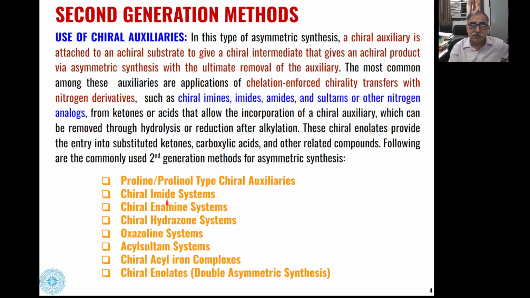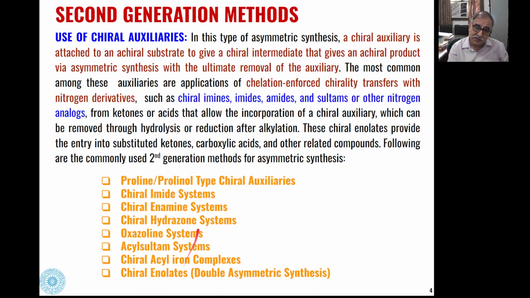And in the fourth lecture these four types of methods we have described, that is using proline or prolinol based chiral auxiliaries, or chiral imide systems, or chiral enamine systems, or chiral hydrazone systems as chiral auxiliaries.